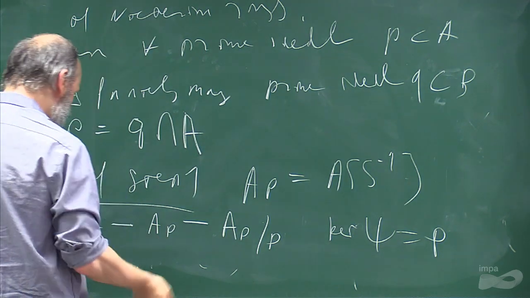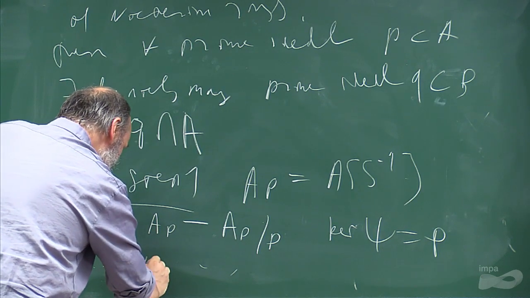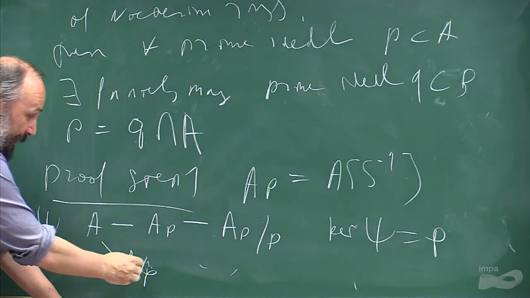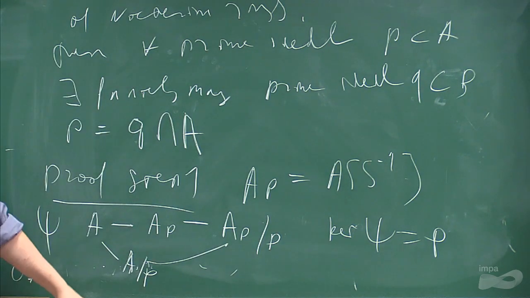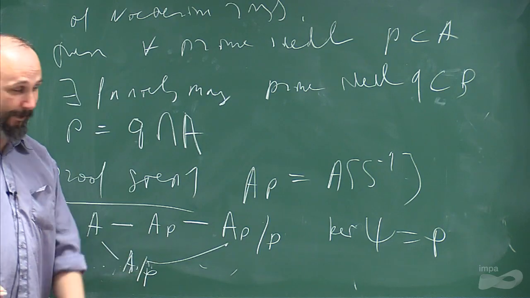Okay, you can do it the opposite way. You can take A quotient by P, the kernel of this is P, and then you take localization, and this is the same map. And this is an embedding because this is a prime ideal.